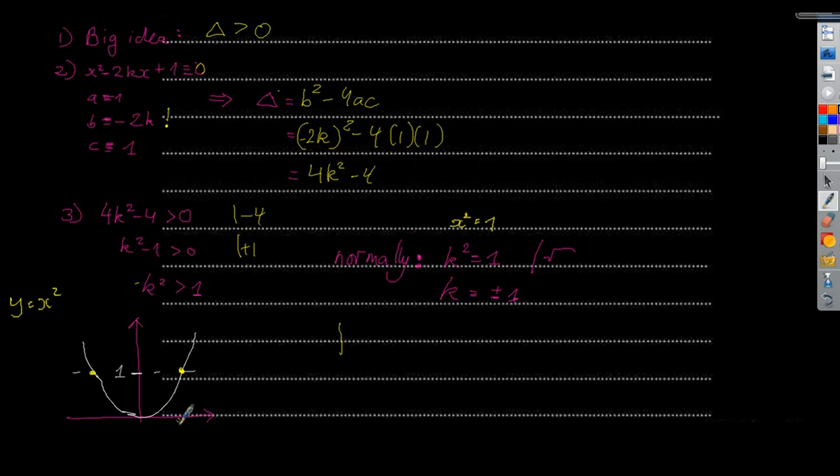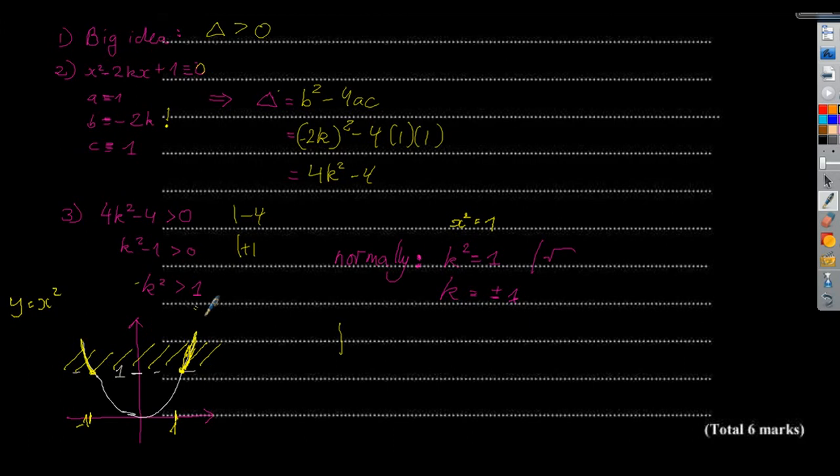So I can see that I have two solutions. One is here, and the other one is there, at minus 1. With an inequality, it says k squared is larger than 1, so x squared is larger than 1, so I'm really looking at this part up here. In fact, I'm looking at the branches of the parabola that start at 1 or minus 1.